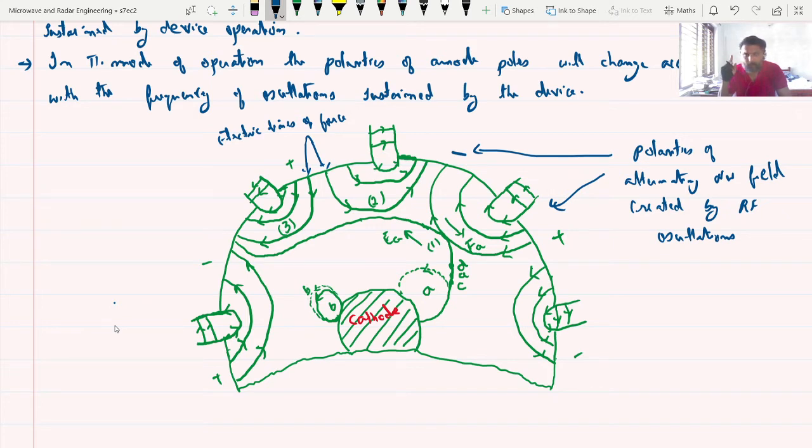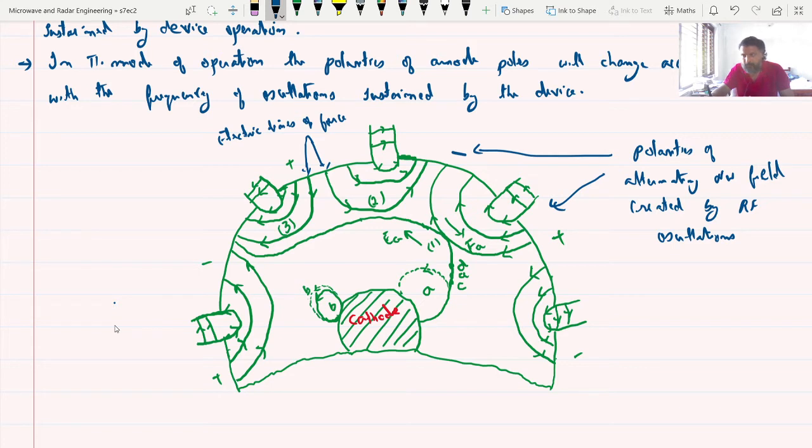I have indicated the electron A here, and here I indicated electrons A and B. You can see that A and B would traverse the path shown by the dotted line. That means I have shown here the dotted lines. The electrons A and B will traverse the path indicated by the dotted line in the absence of such oscillation. The presence of the RF field due to oscillation modifies this path.